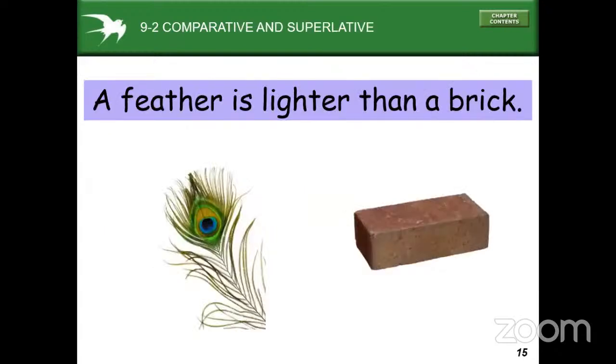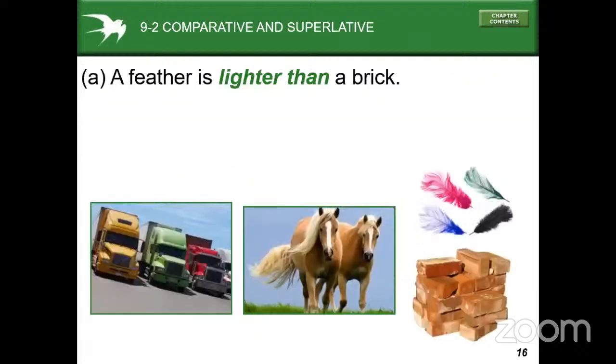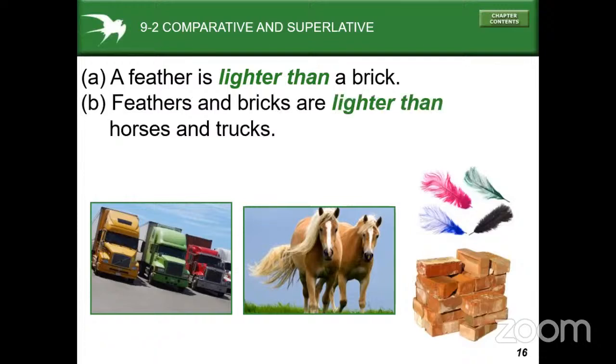But comparatives and superlatives, a feather is lighter than a brick, we can say, right? Because the feather is not heavy, it's basically very light. And a feather is lighter than a brick, right? Of course. And feathers and bricks are lighter than horses and trucks, of course, right?